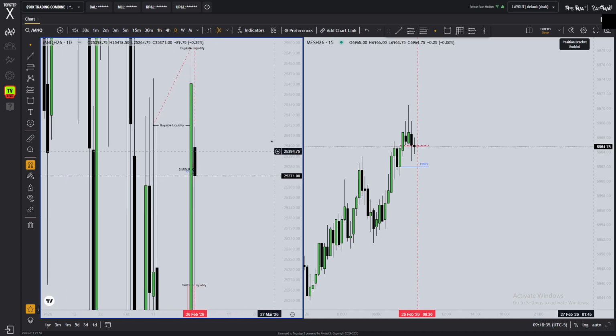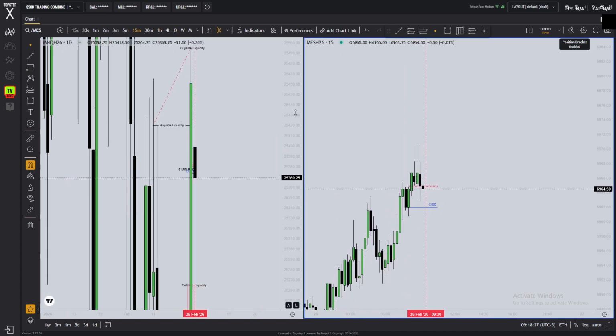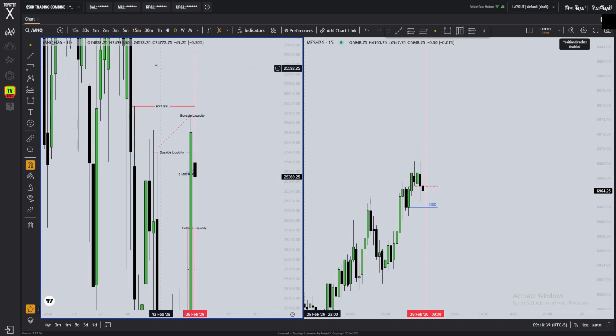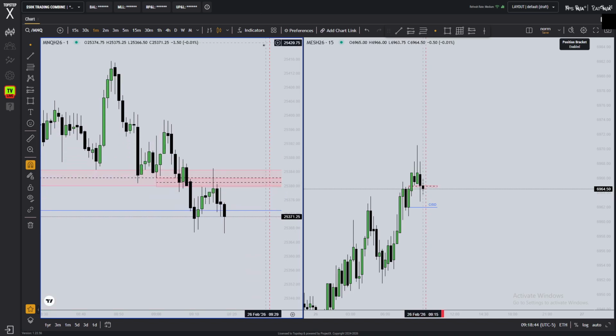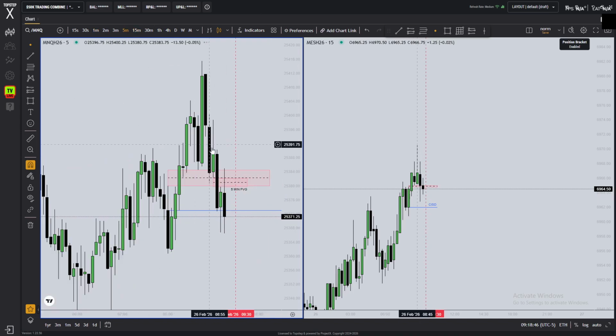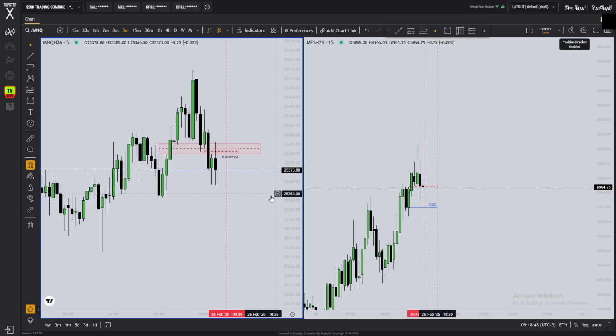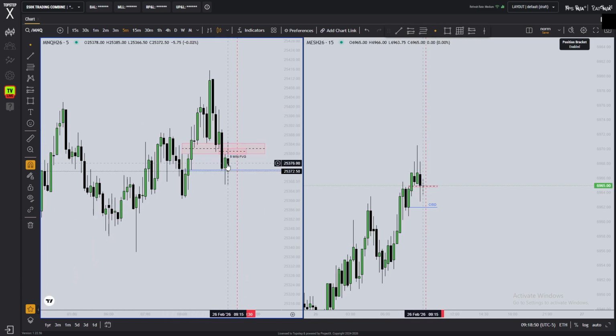So we know what we have, we know what we have marked out, we know what we would like to see here. So it's really a matter of all of it playing out. So if this 5-minute gets respected over these next 5 minutes, and then the next candle opens up, changes down there, then I would like that.